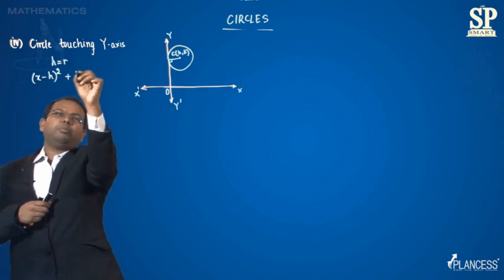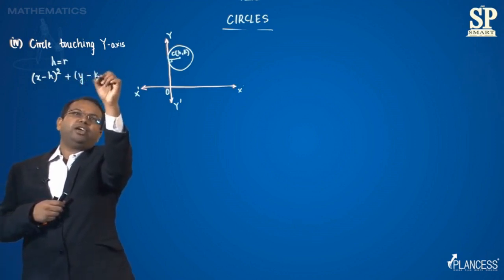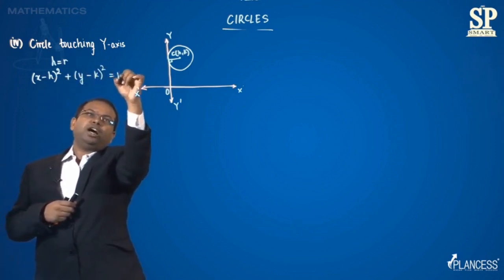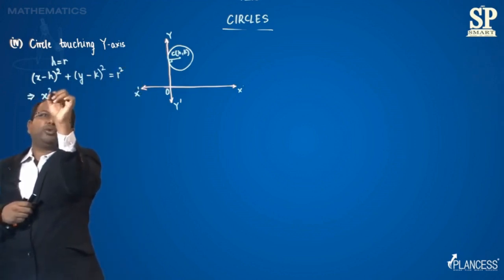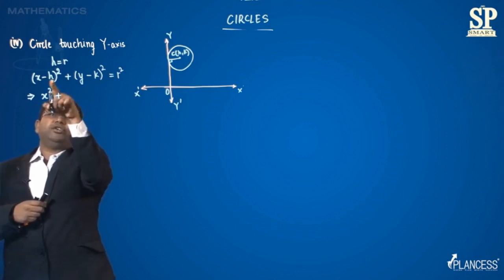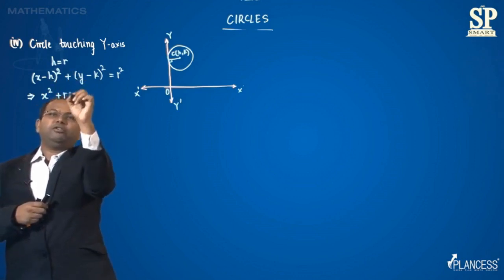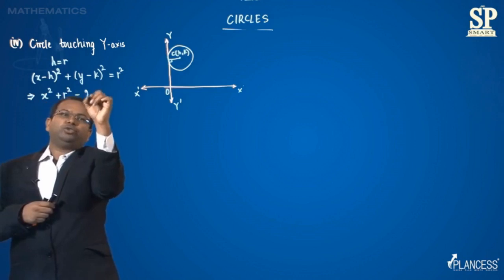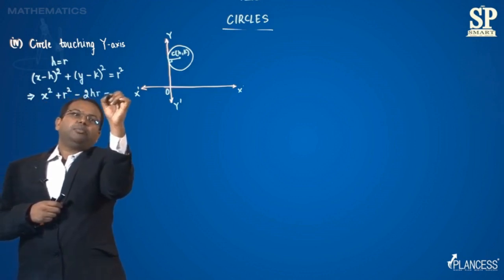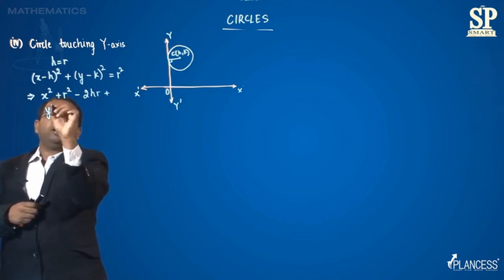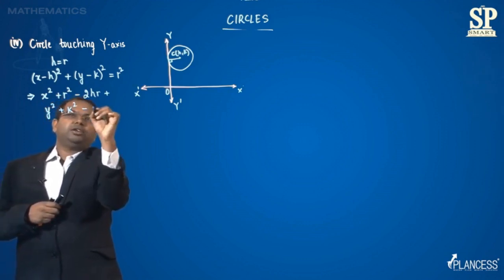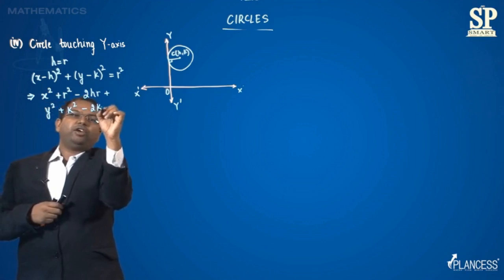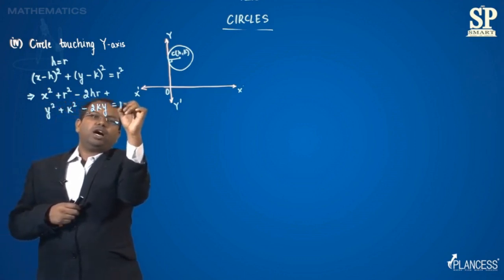whole square plus y minus k whole square equal to r square, will become x square plus, instead of h now we are putting r, we have r square minus 2hr plus y square plus k square minus 2ky equal to r square.